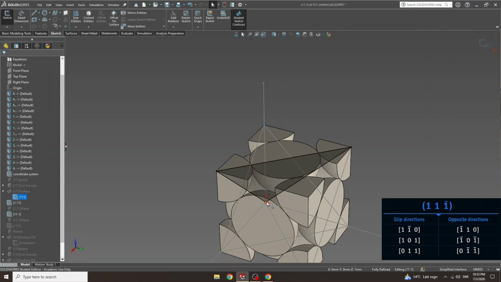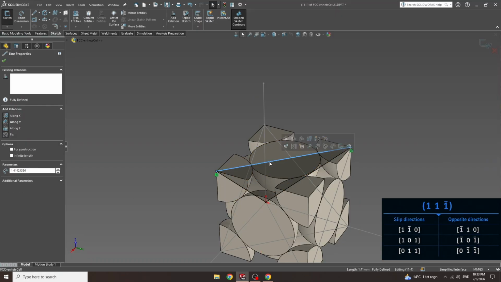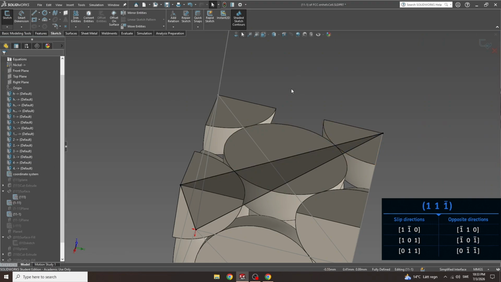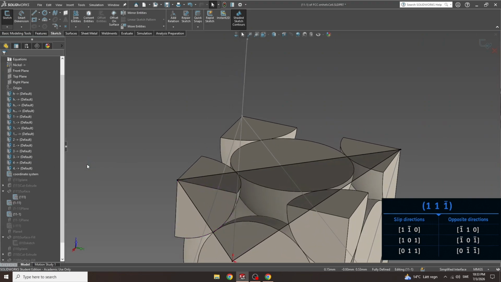So this is the 1, 1, minus 1 plane, and the orientation is, let's say, only this one: minus 1, 1, 0.